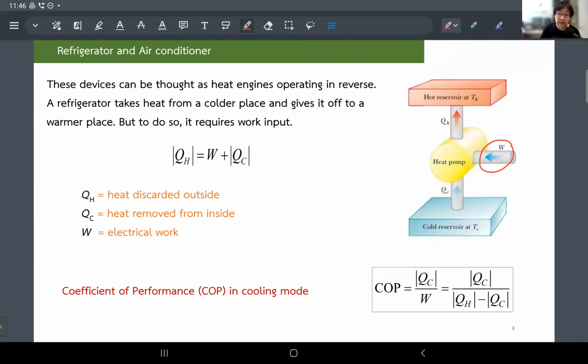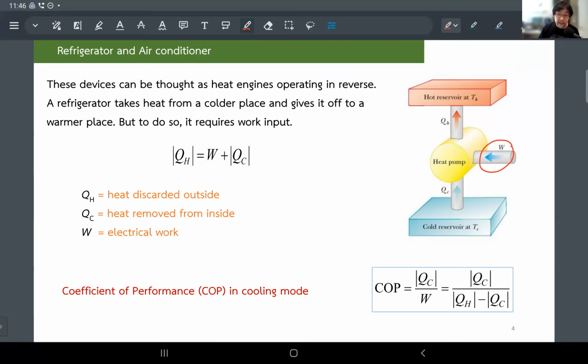Can you imagine what this is? Yeah, this is an air conditioner. I am in this room, cooler than outside. The air conditioner is trying to pull some energy from the colder part, which is in this room right here, maybe 25 degrees Celsius, and dump the energy outside, which is higher in temperature. So this actually is an air conditioner.